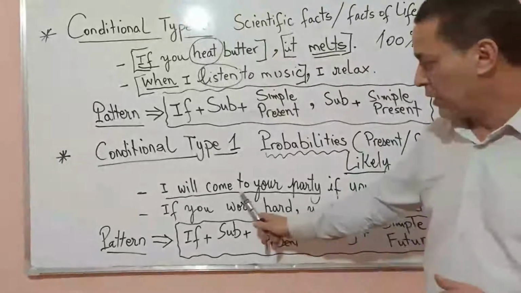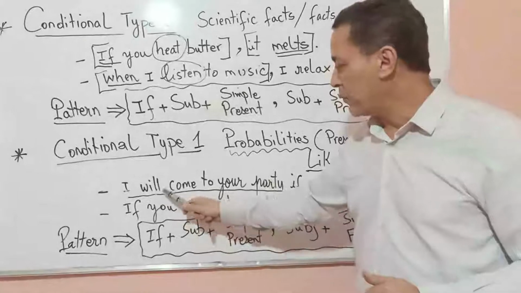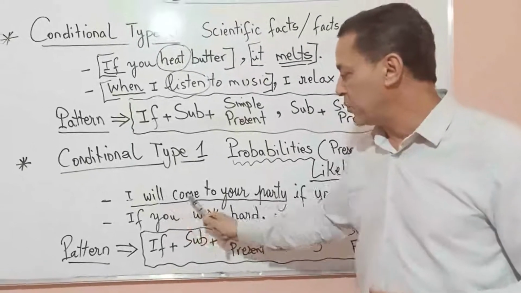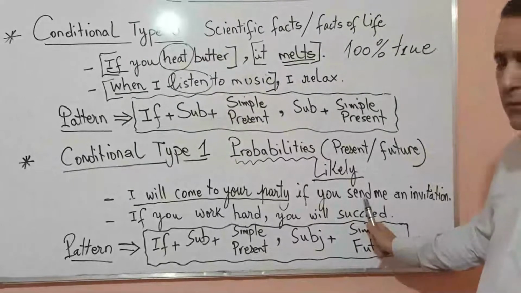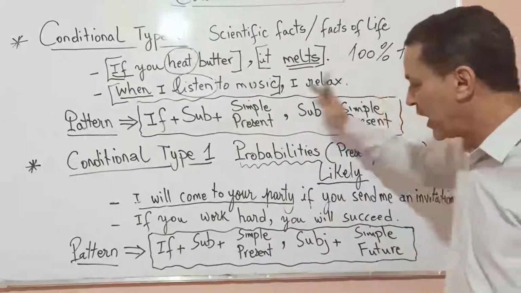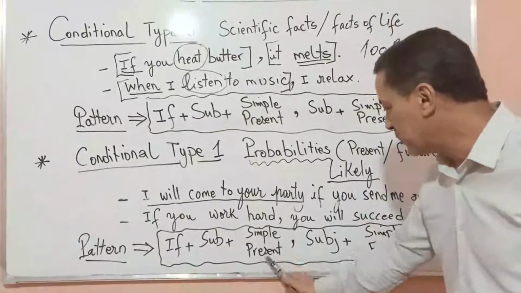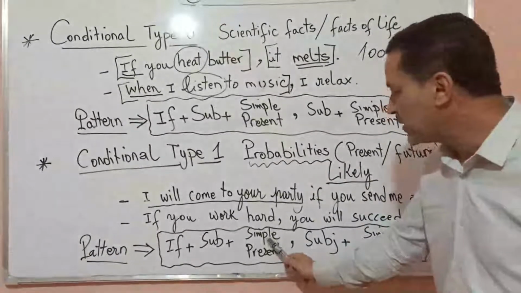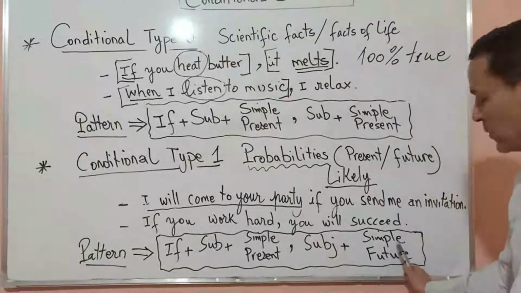Now let's look at how it is made. "I will come" is simple future. Okay, and in the condition clause, "send." If you reverse them, they become, for example, if plus subject plus simple present: "If you send me an invitation, I will come," subject plus simple future.